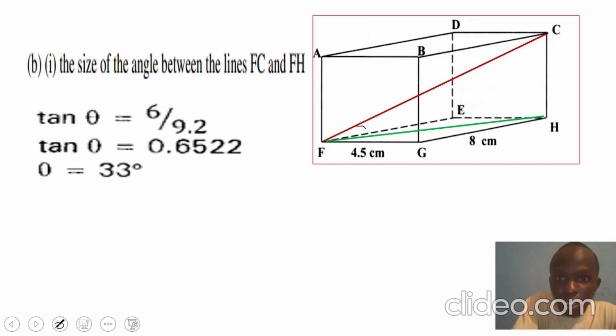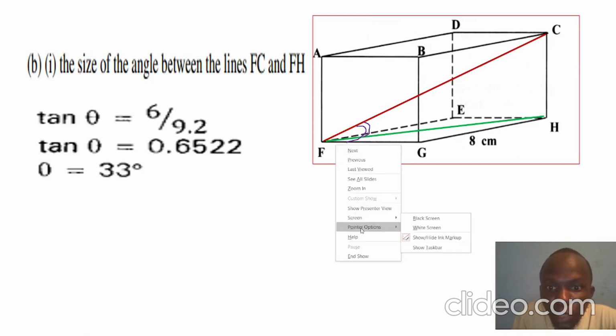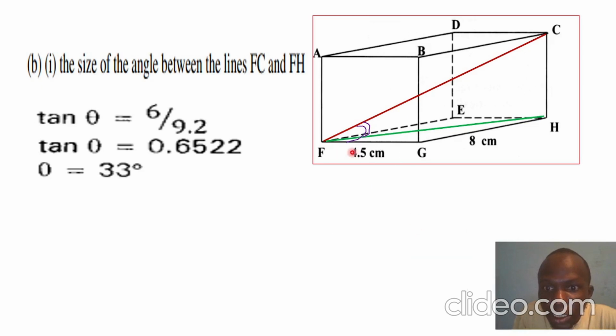It is this angle we are interested in. This particular angle that is right between the line FC and the line FH. But you can look at the relationship. This FC is the longest side and FH is the shorter side that is just adjacent to this angle.